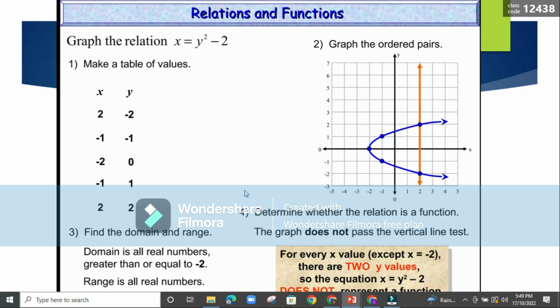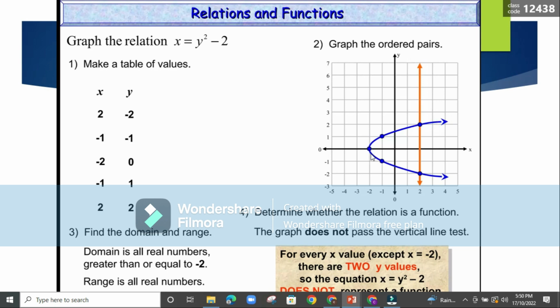So, next would be find the domain and range. The domain is all real numbers greater than or equal to negative 2. Because the arrows of this graph are facing this side. So, there's no way that the graph is going to turn back. So, this is our domain.